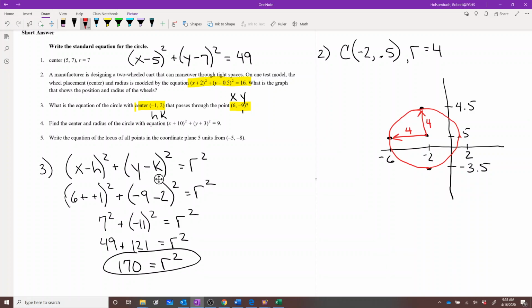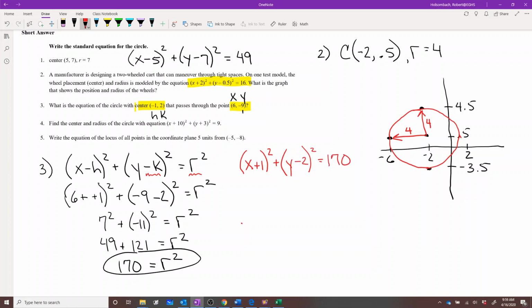And I'm going to change colors right here. We're going to go with X, and then the opposite of the X value at the center, so we're going to go X plus 1 squared plus Y, and it's minus K, which means opposite of K at the center, so that's -2 squared equals our radius squared, and our radius squared is 170.